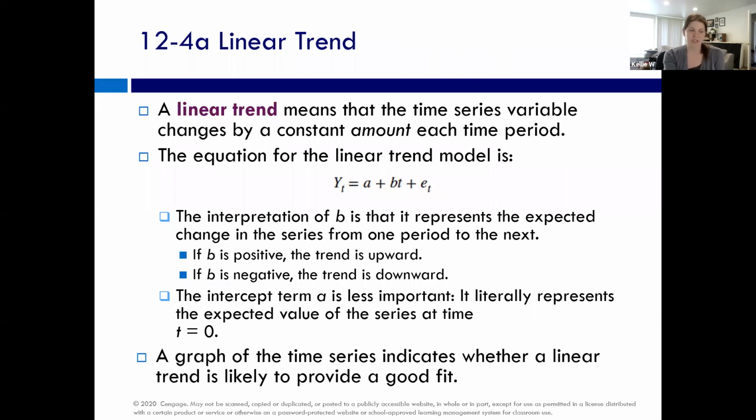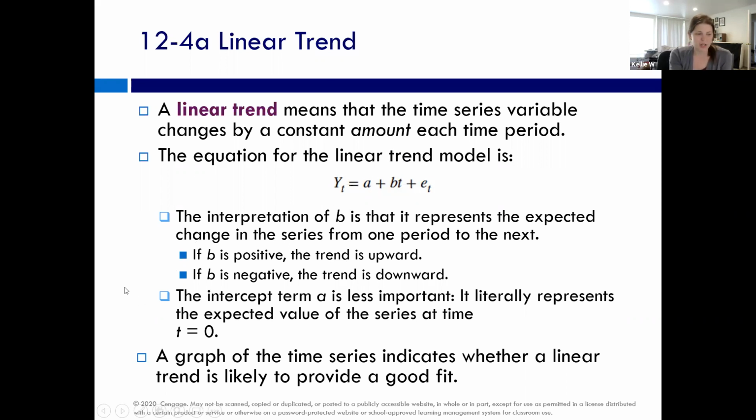Linear, that equation should look familiar to you. Y equals ax plus b, basically, in this case, a plus b times the time variable, and some error term. So a is our intercept, and b is our coefficient.